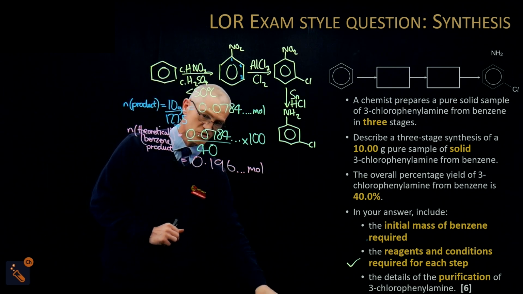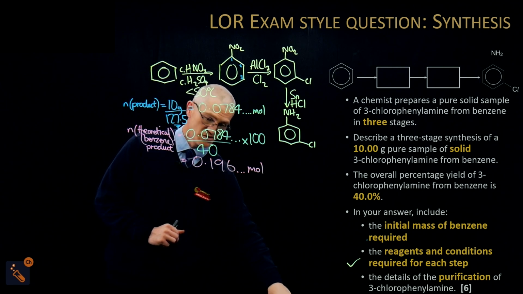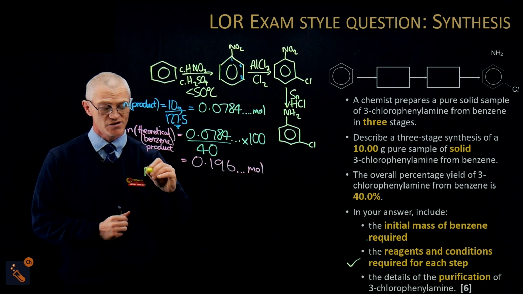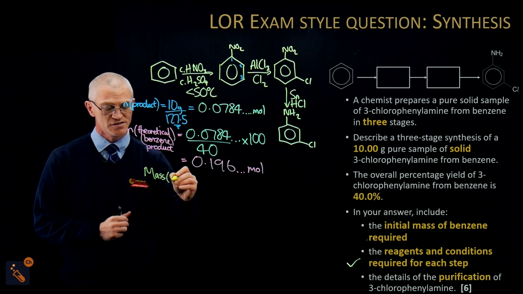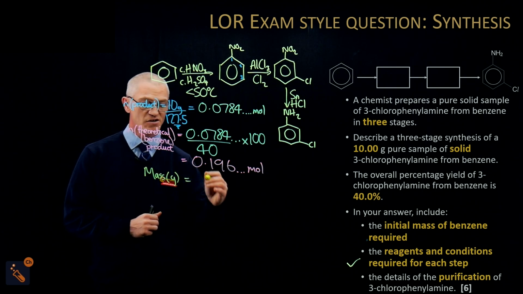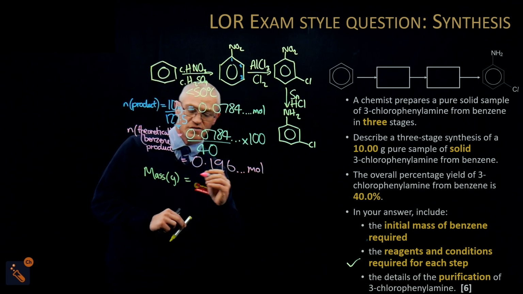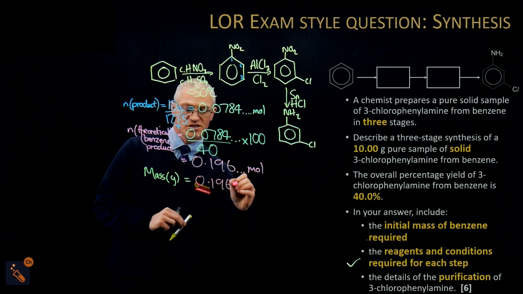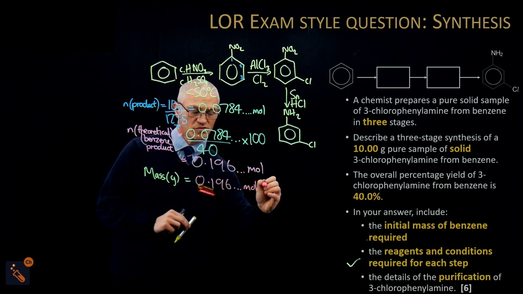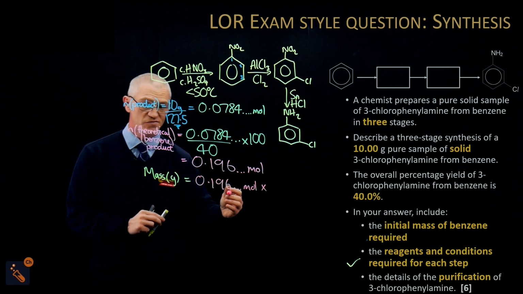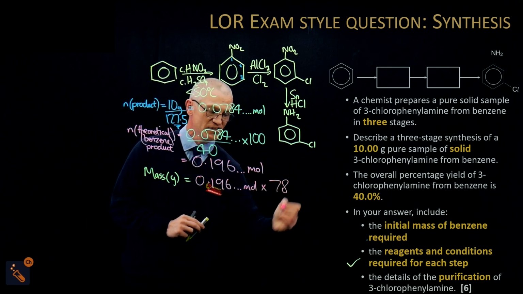We then need to use the equation to work out our mass. Our mass in grams is going to be our moles times our MR. So that would be 0.196 moles times our MR, which we've already worked out as 78.